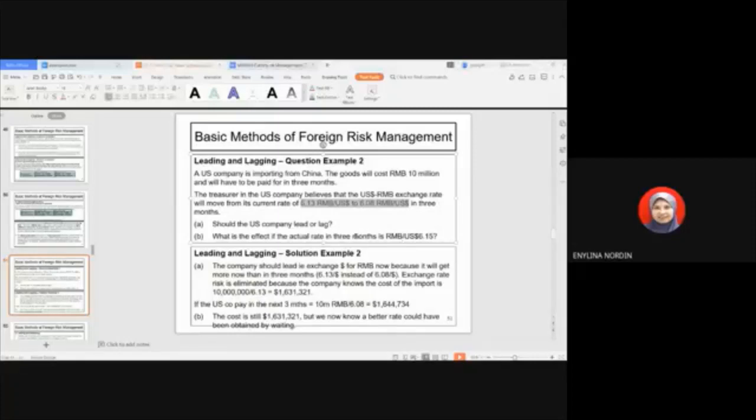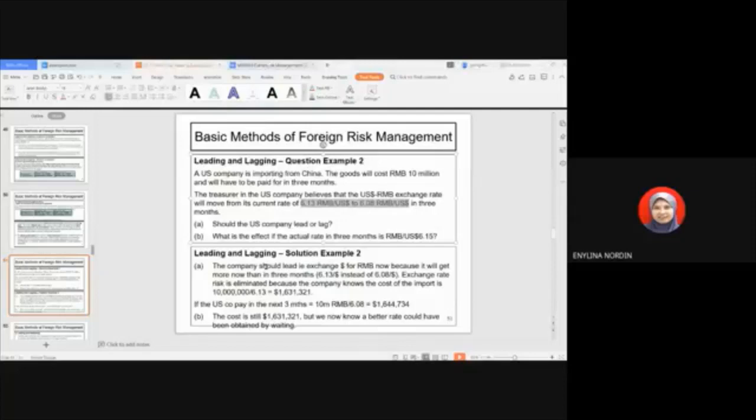Since the US company will pay the import in RMB currency, which is expected to appreciate in 3 months' time, that means more dollars will be converted into RMB in 3 months' time.